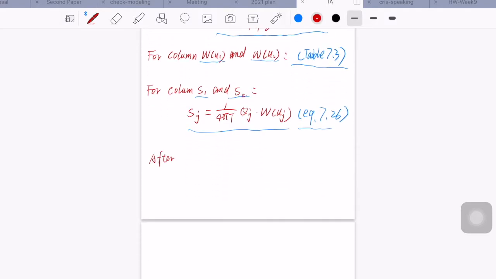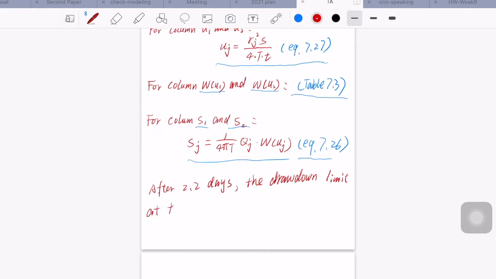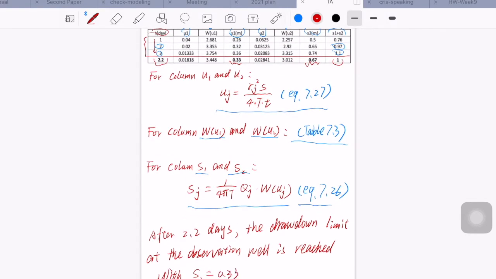After 2.2 days, the drawdown limit at the observation well is reached, with S1 equals 0.33 meters and S2 equals 0.637 meters. So we finished this problem.